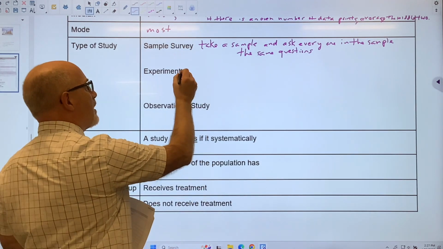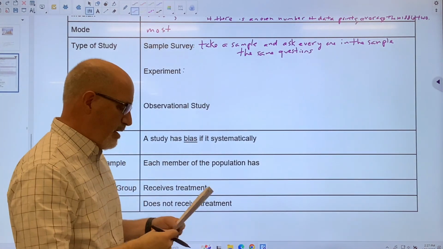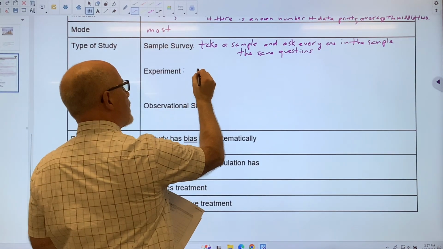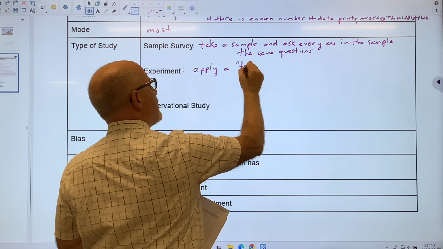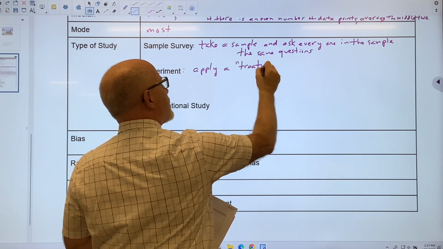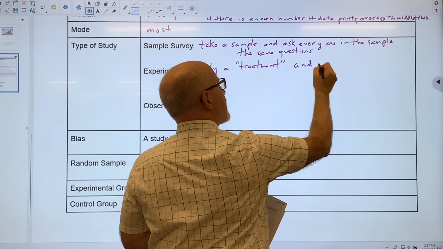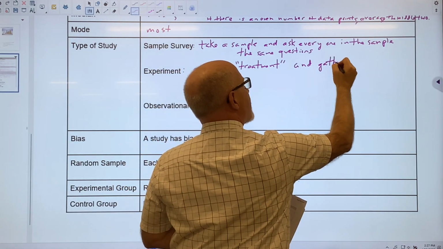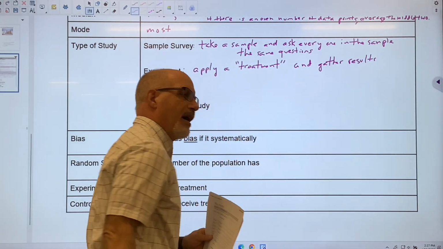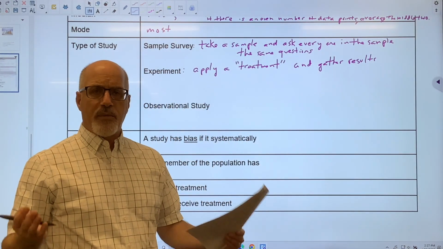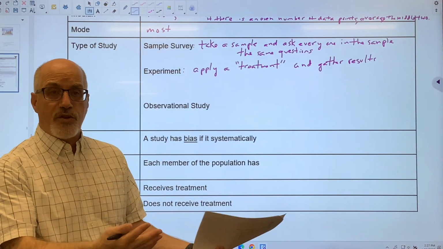Okay, an experiment. We're used to doing experiments in, say, science class. What you do is you apply a treatment, and you put treatment in quotes, and gather results. Now, for instance, a treatment might be a medical experiment, so you would apply the medicine to a group and see if it has an effect or not.